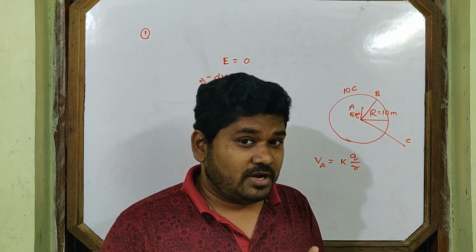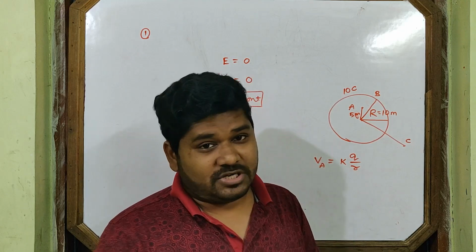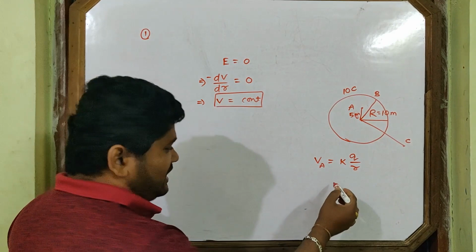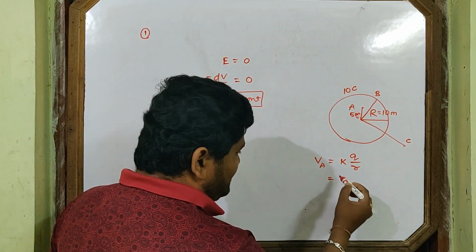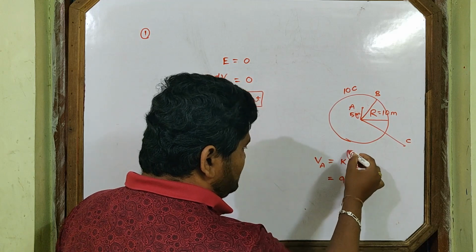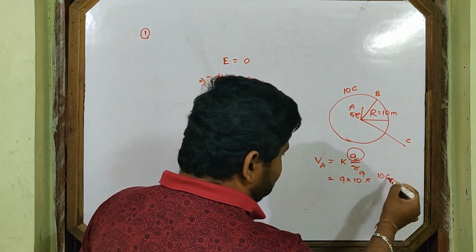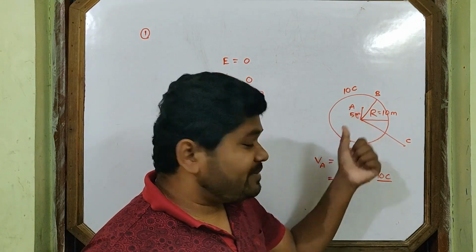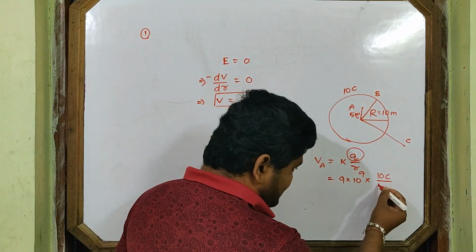I have told you this in the application of Gauss law. K is 1 by 4 pi epsilon naught, so you put 9 into 10 power 9. Q is 10 coulomb. What about R? I will take R as 5.